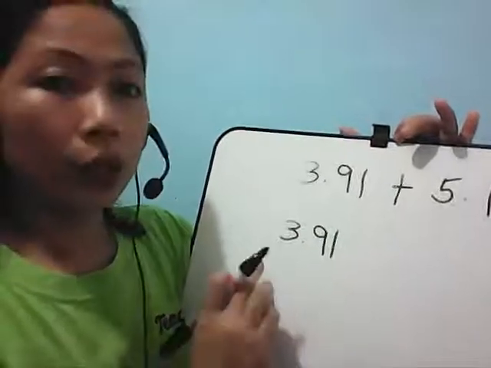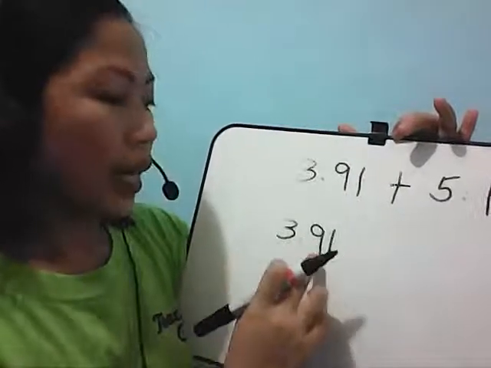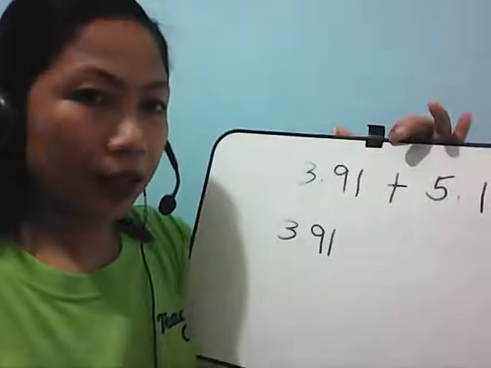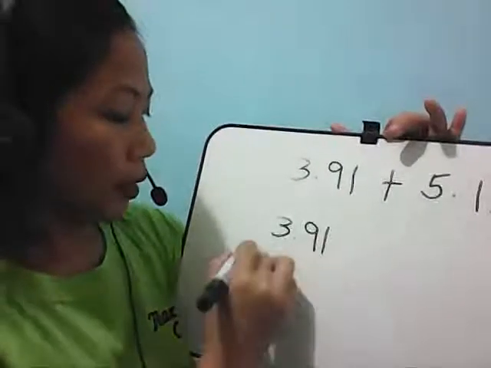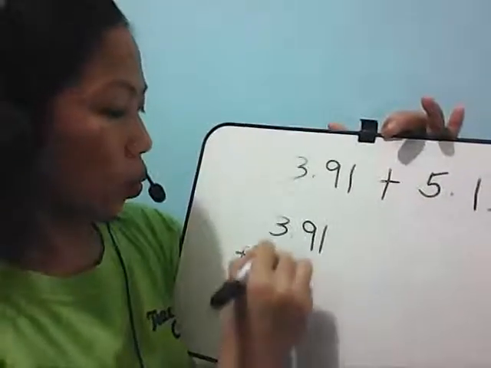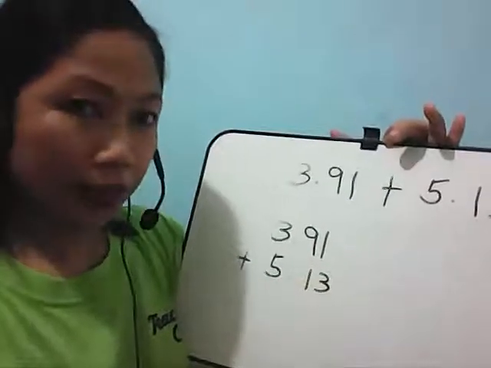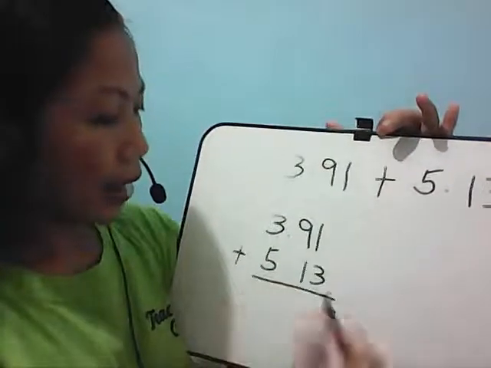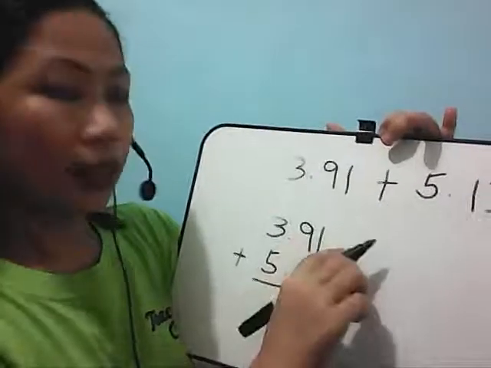3.91, or we can read this as 3 and 91 hundredths. Plus 5.13, or 5 and 13 hundredths. Then let's add, okay, from right to left.